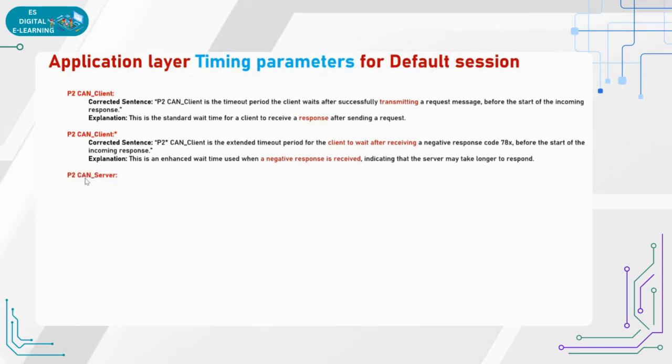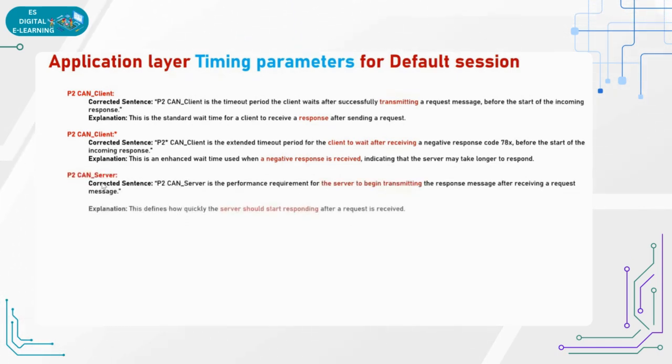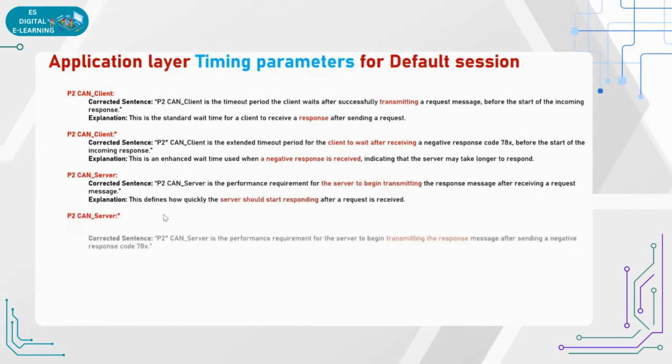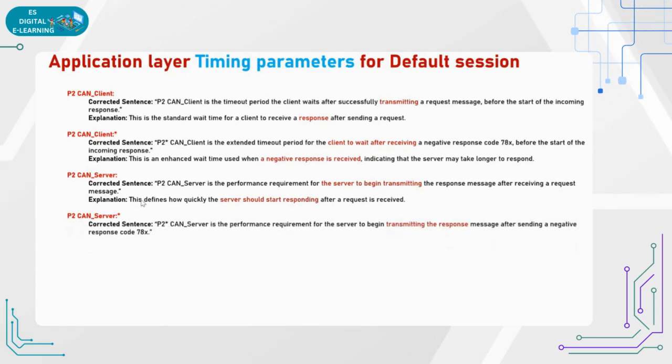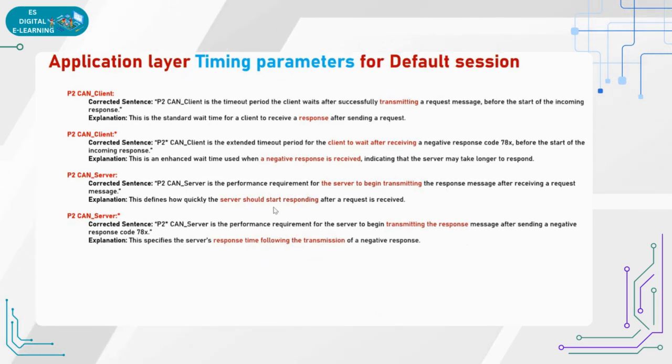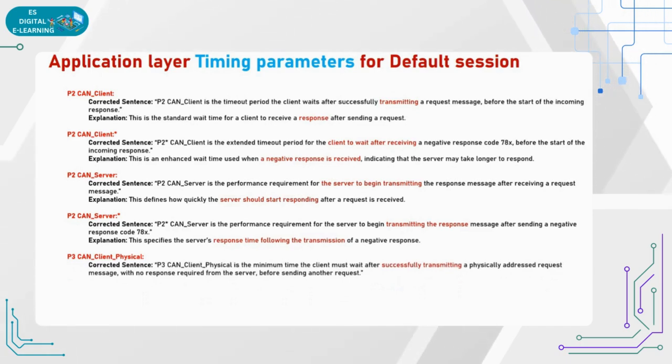And next, we discussed the P2 CAN server. These are the two definitions which we have. You can go through this slide. Once this video is shared with you, it will have the same points. And next is the CAN physical, meaning how it will be transmitting towards the CAN physical hardware.